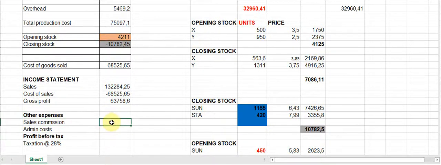Here we will say the sales commission was 2.5% of sales. So it's this figure times 2.5%. We're going to round that to 2 decimals. So that will be 3307,11.